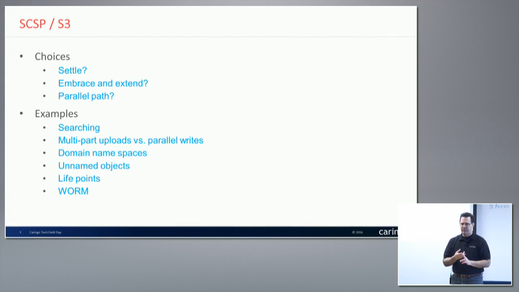You could choose to embrace and extend, whereby you take what Amazon has done as the baseline, and then you make additional protocol verbs or additional options that are passed along with the verbs to do different things in your system. The danger of that being that if a developer starts using some of those extensions on one vendor's implementation, those are not necessarily usable on another vendor's implementation.